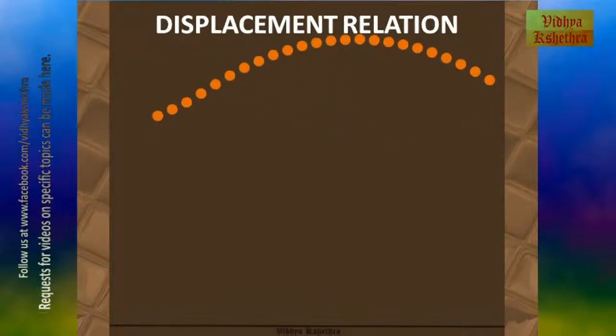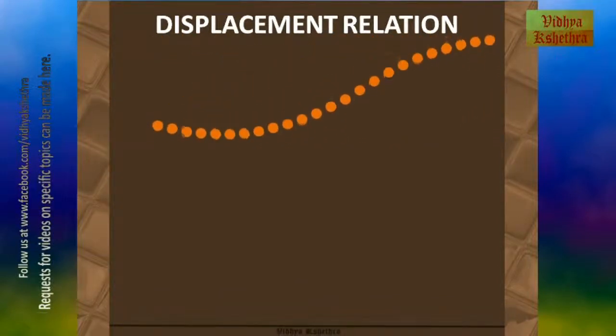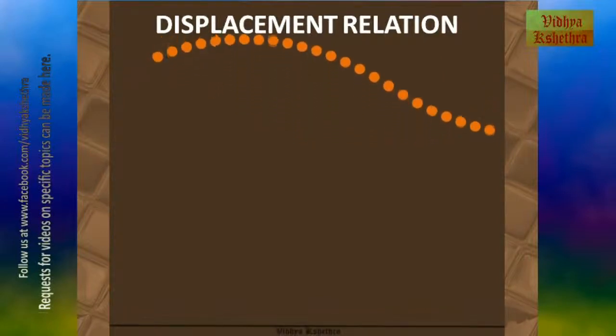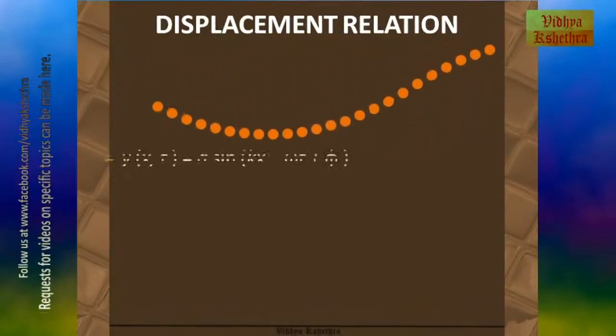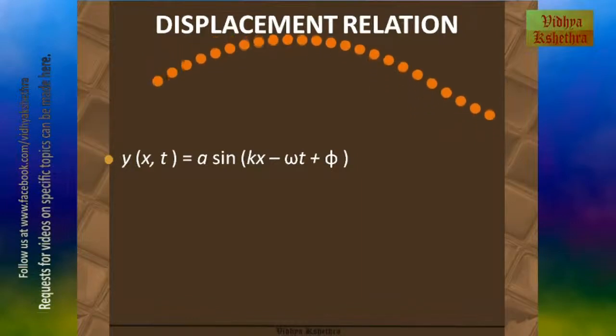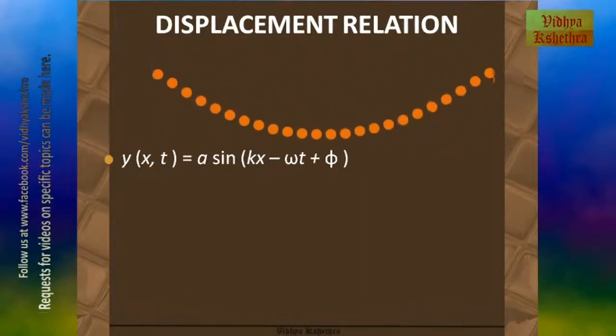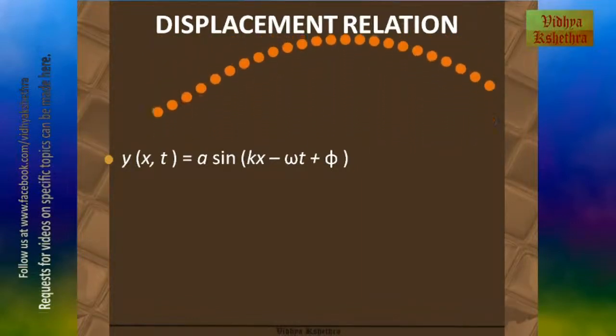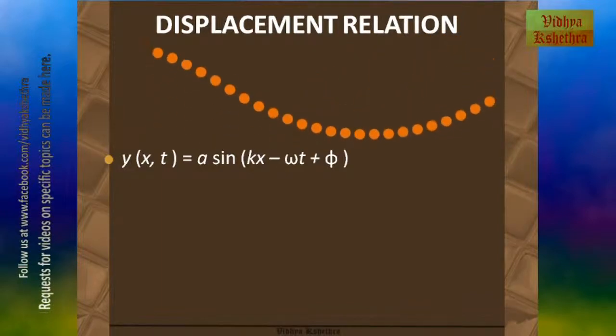The displacement relation for such a wave is given by y(x,t) = a sin(kx - omega t + phi).